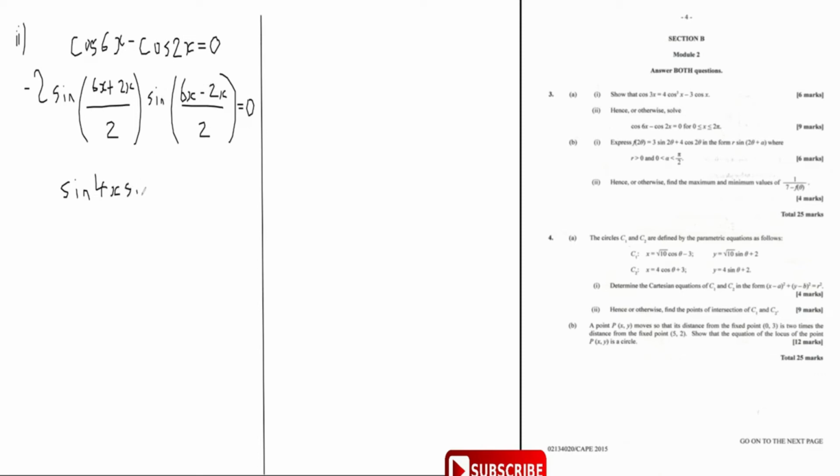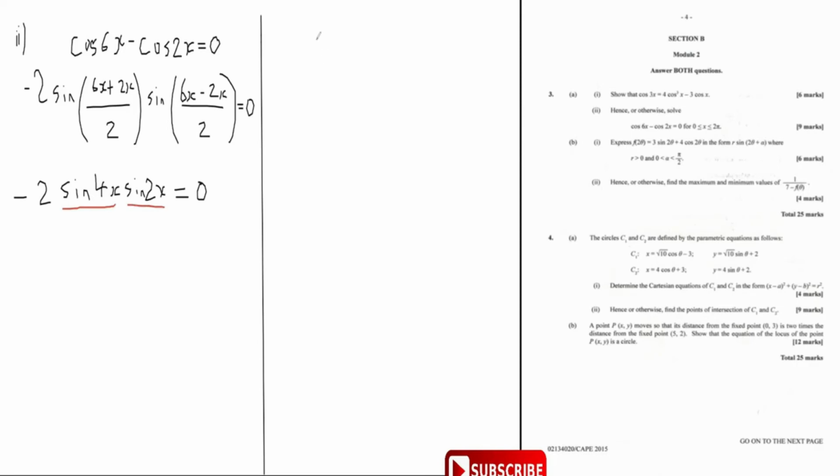This becomes sine 4x times sine 2x, of course times the minus 2, and this is equal to 0. So the only way this can be 0, it can't be the minus 2 that makes it 0, so it must be that sine 4x equals 0 or sine 2x equals 0.